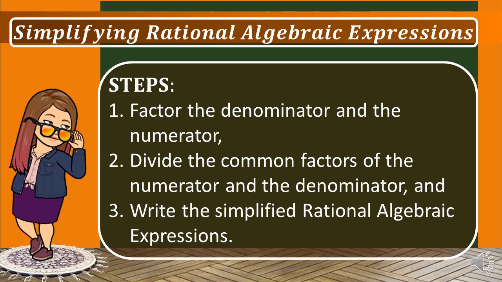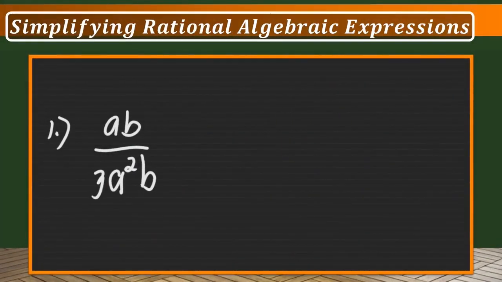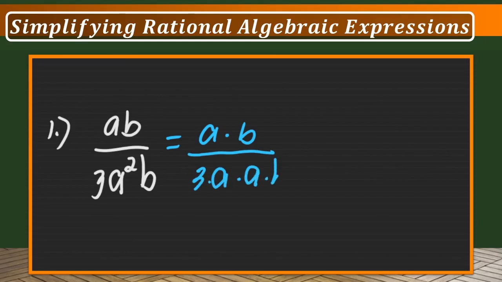Let's have some examples. So let's have the example ab over 3a squared b. The first thing that we have to do is to factor the numerator and the denominator into their prime factors. So ab becomes a times b, and the denominator becomes 3 times a times a times b. Then the next step is to divide the common factors.